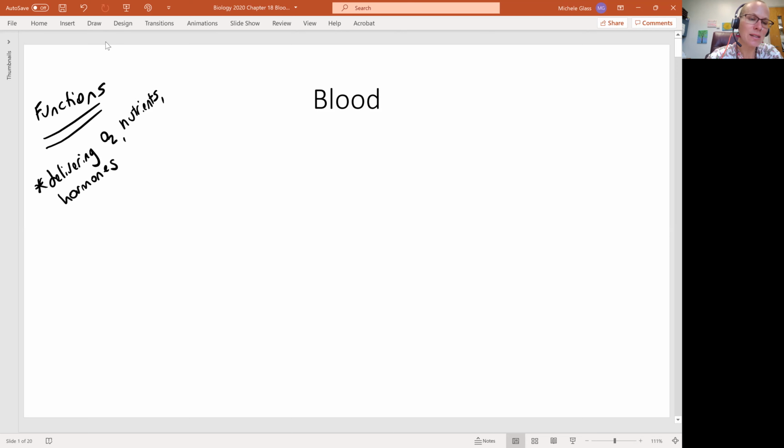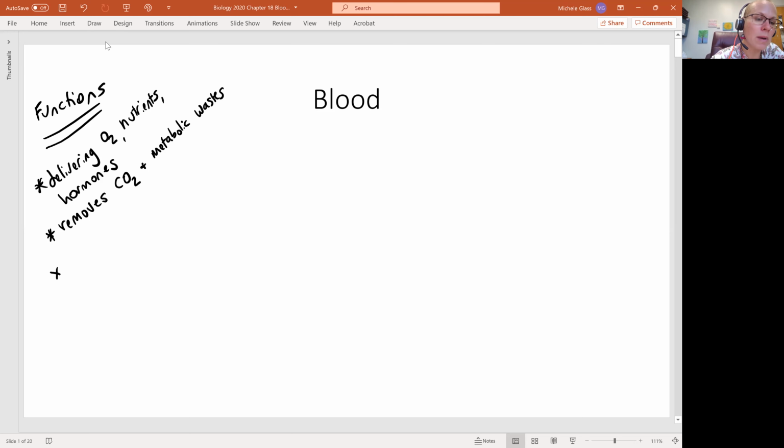We also see as part of this transportation that the blood is going to be removing carbon dioxide gas and what we can collectively talk about as metabolic wastes from our tissues. So we see that the blood is delivering oxygen, nutrients, and hormones to our tissues, but then picking up carbon dioxide gas and other waste products.